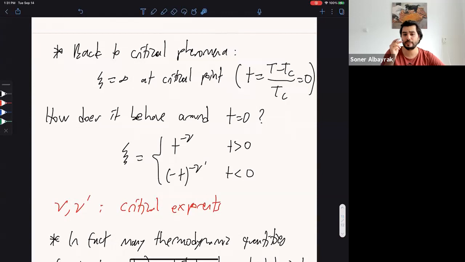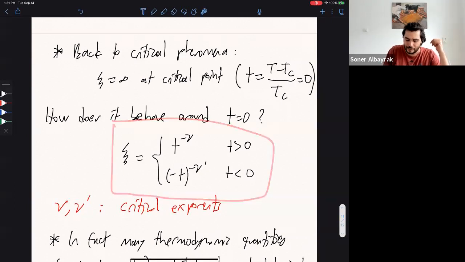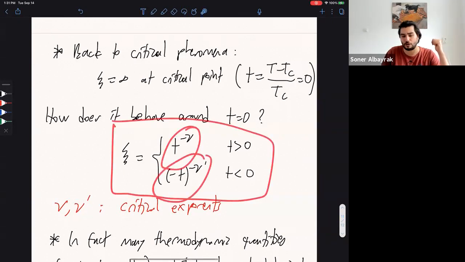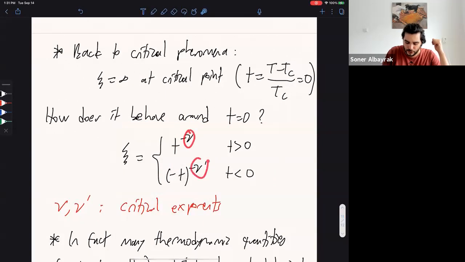Now, that's an important thing because we have lots of different things like magnets, mixtures of fluids, polymers, just ordinary fluids, anything. They have different microscopic theories, but all of them have this behavior. The correlation length behaves like a power law with these coefficients.